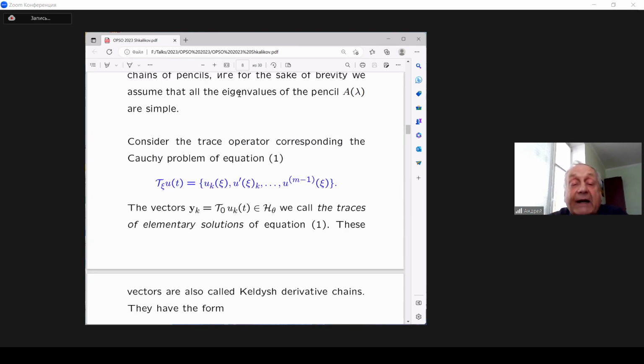In particular, the trace theorem says the following: the trace operator is bounded from the abstract Sobolev space W_m^2, if u(t) belongs to this space, then this trace operator is bounded.